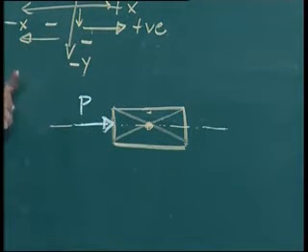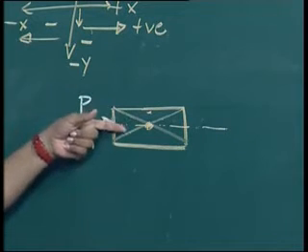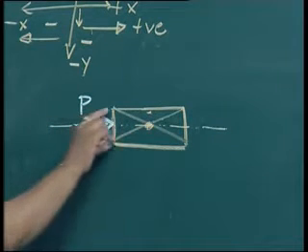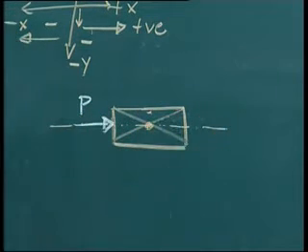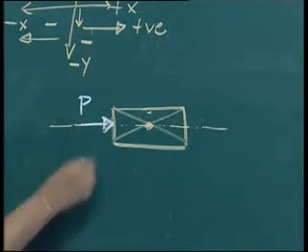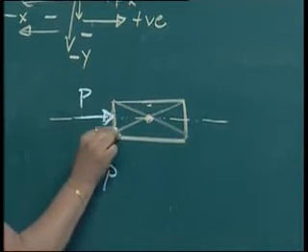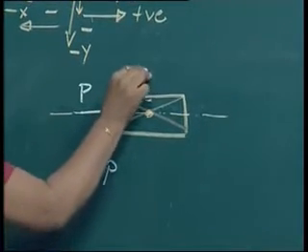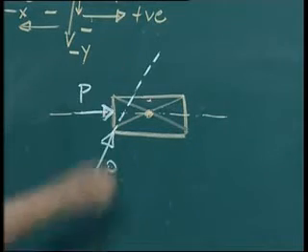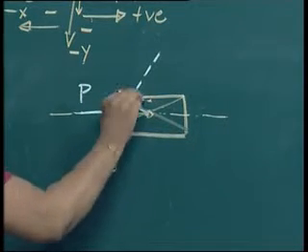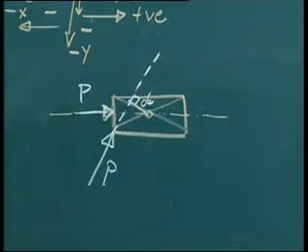If we apply a force directly on the axis, what will happen? The block will try to move in the direction of application of the force, which we call translatory motion. But suppose I apply a force such that its line of action does not coincide with the CG. That means there is a perpendicular distance, exactly at 90 degrees.